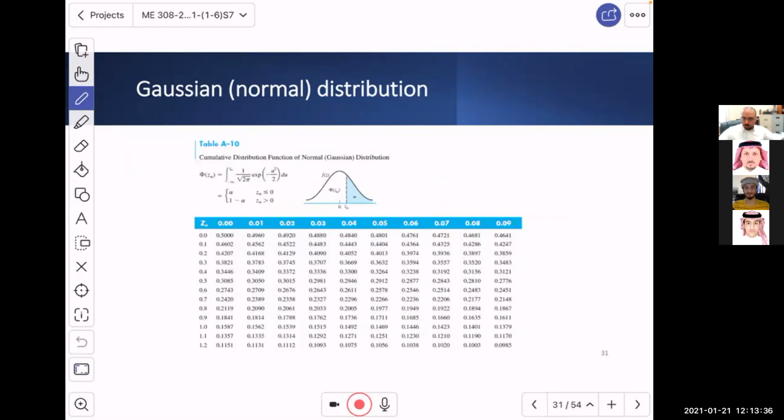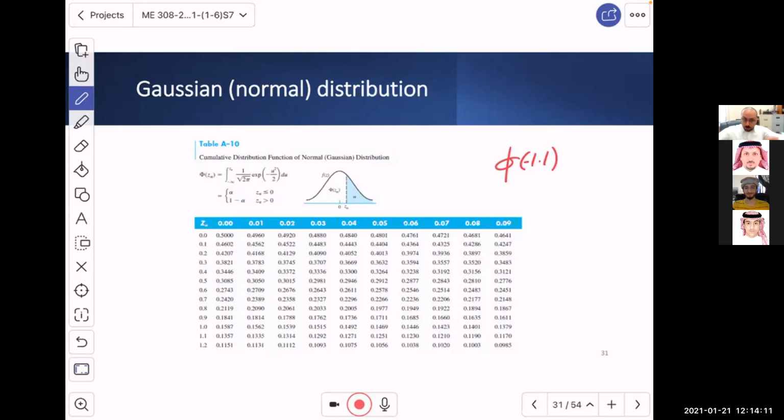Now, in short, we don't want to spend time on this, guys. If you go to table A10 in the back of the book, you will see the integration of the normal distribution. I just need to warn you about one thing. If you end up with, for example, minus 1.1, and you want to know the probability, you should know that this table was made for negative values.